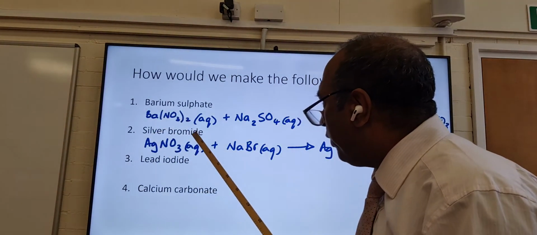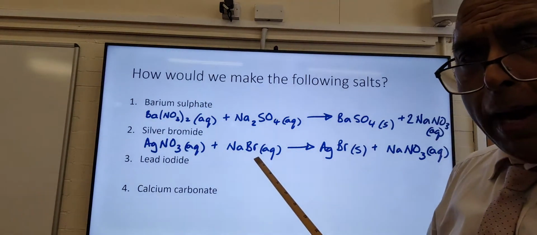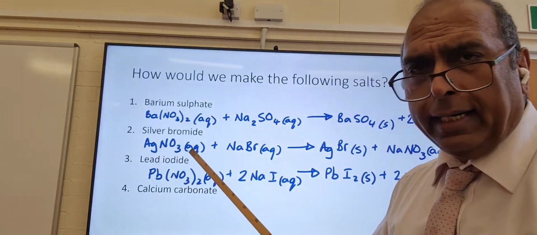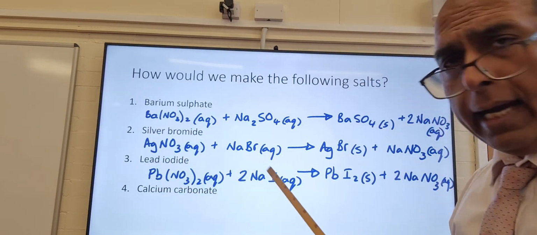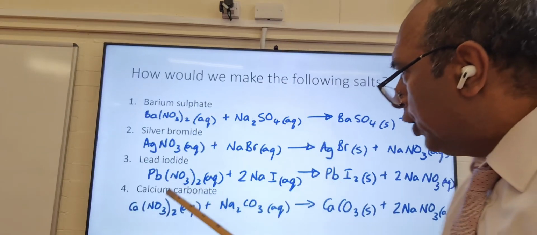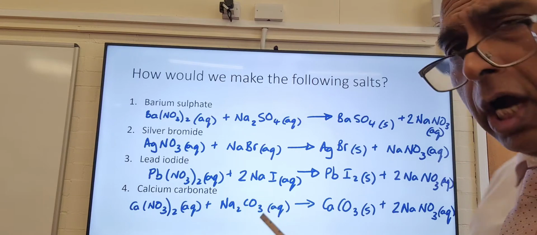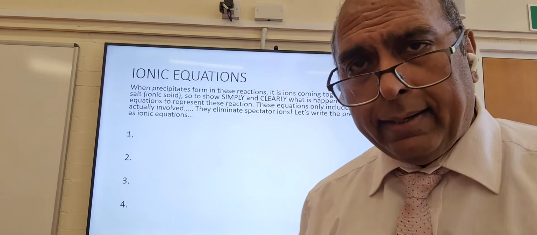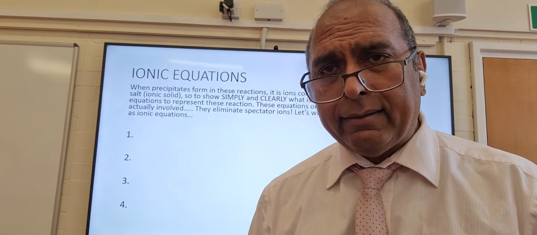To make silver bromide, silver in one solution, bromide in the second solution. To make lead iodide, lead in one solution, iodide in the second solution. To make calcium carbonate, calcium in one solution, carbonate in the second solution. Right, that is the idea.